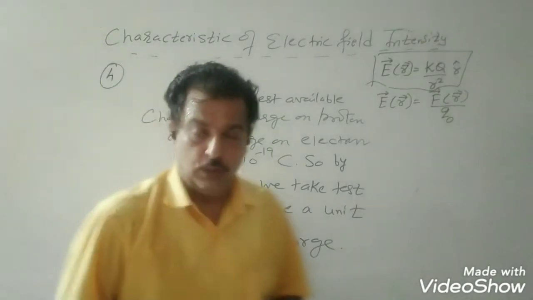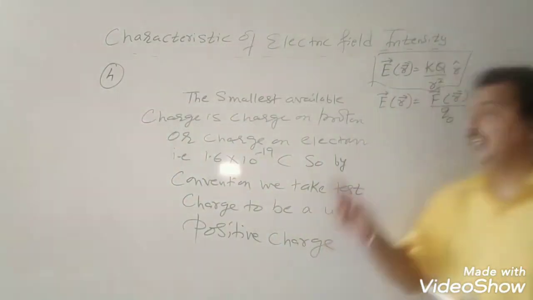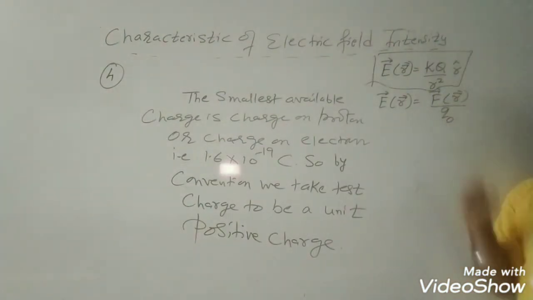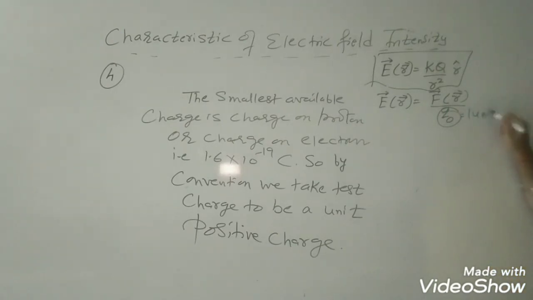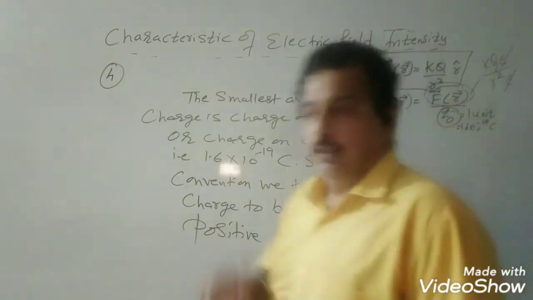So this is how the electric field intensity is defined as the force acting on a unit positive charge. This test charge is assumed to be 1 unit, or I may write its value as 1.6 into 10 raised to minus 19 coulomb. In any case, when I apply Coulomb's law, I will write K times the source charge, and now I am taking the test charge to be a proton, so e upon r squared, that is F. Divided by the test charge again, I will divide it by e, so e gets cancelled.